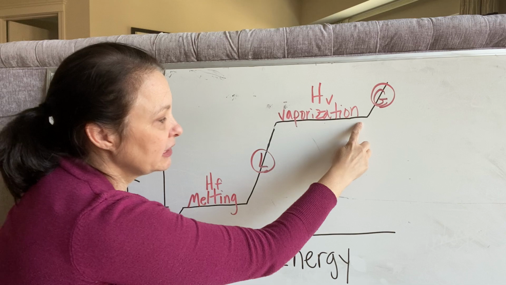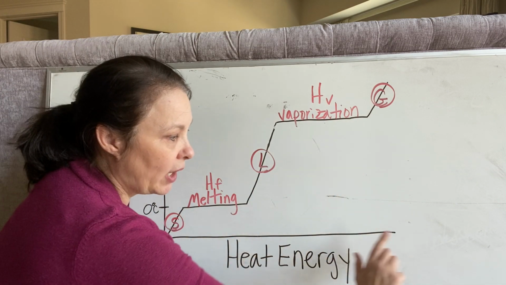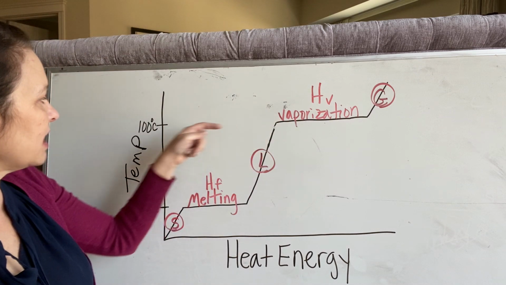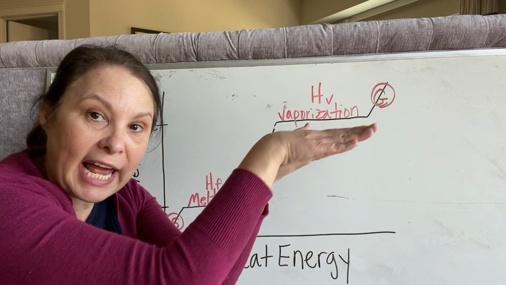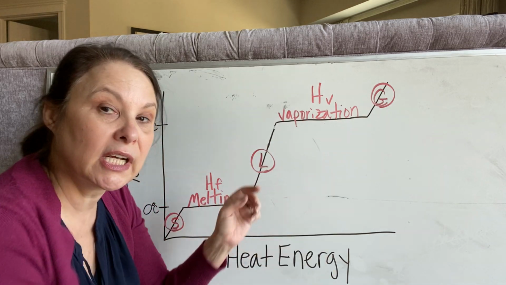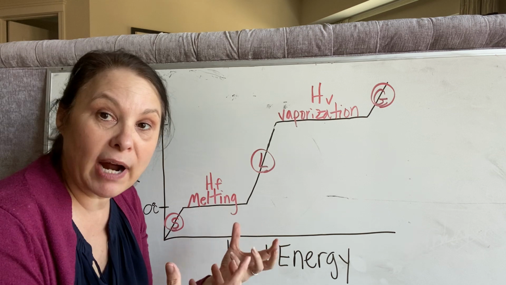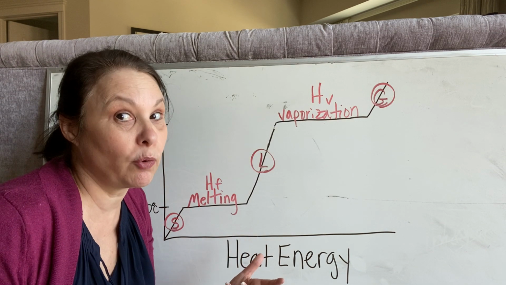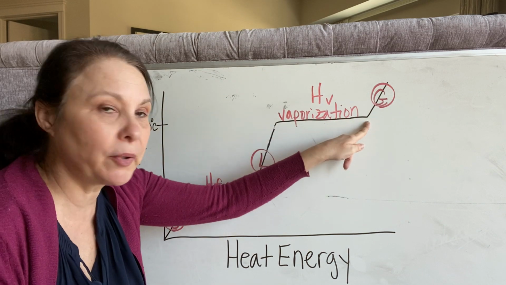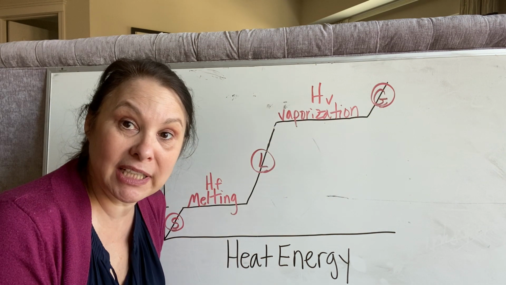In order to cross this bridge, obviously it takes heat energy to move this way. But do you notice again, the temperature is hanging out right at 100 flat all the way across because it's using that heat energy to vaporize it and convert it into steam versus using that heat energy to make it warmer. And then once the process is done, we have a gas and the temperature starts to climb again.